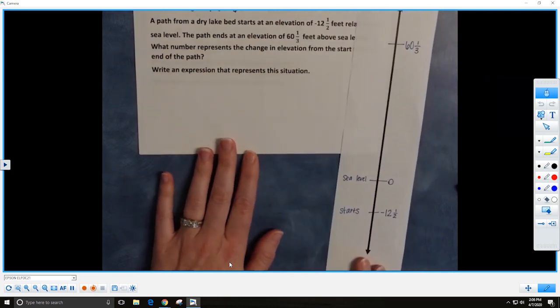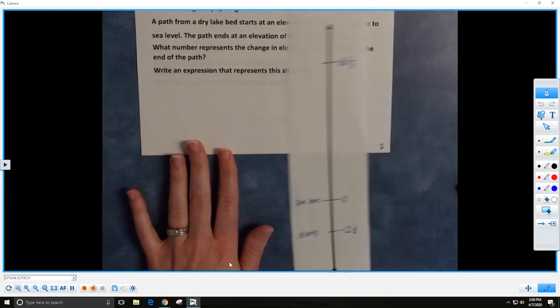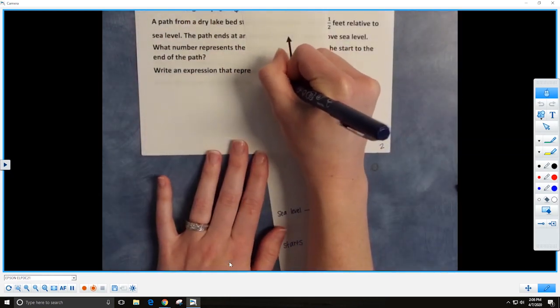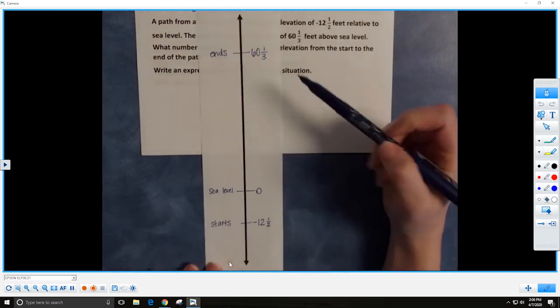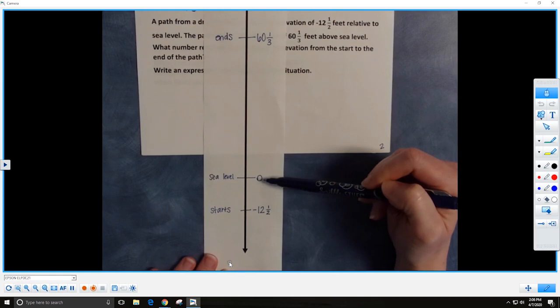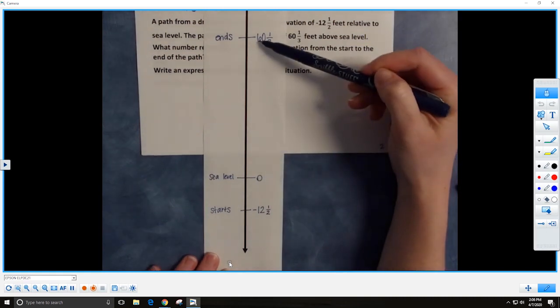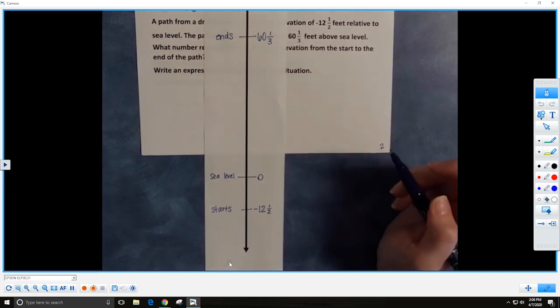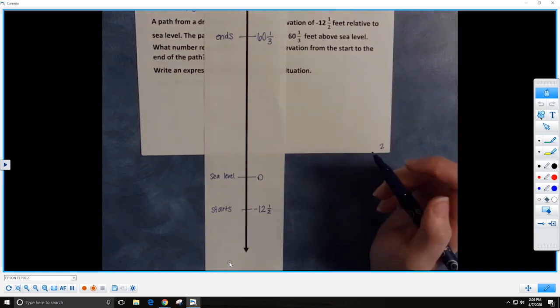And then it ends at an elevation of 60 1/3 feet above sea level. So here is where the path ends. Okay, so we can see here, started at negative 12.5 in comparison to sea level, and then ended at 60 1/3 feet in comparison to sea level. And we want an expression to represent this change.